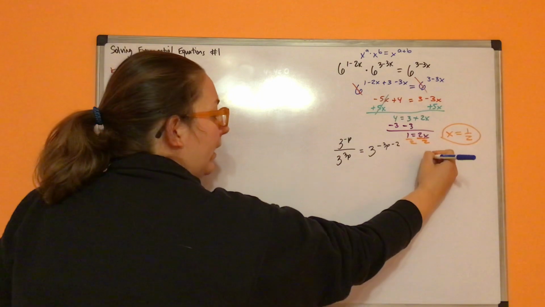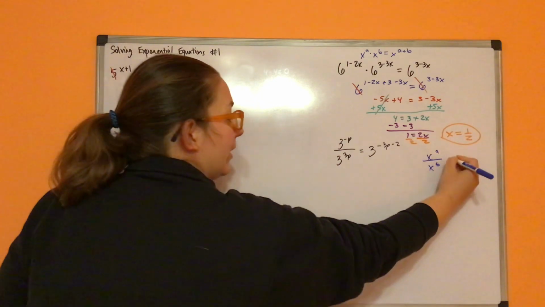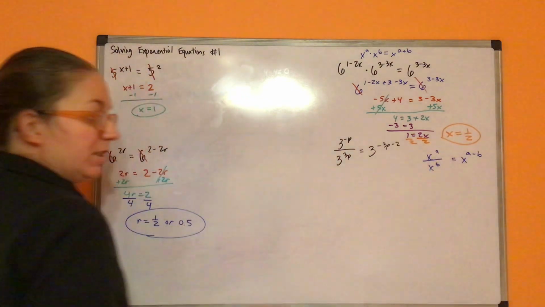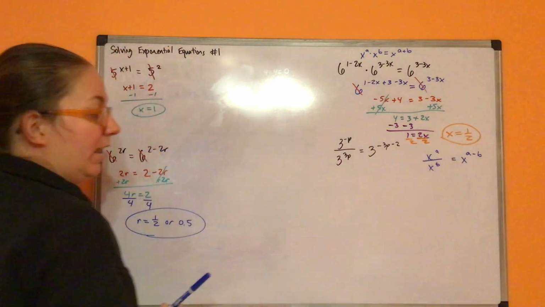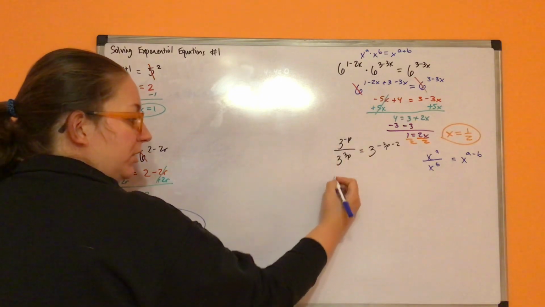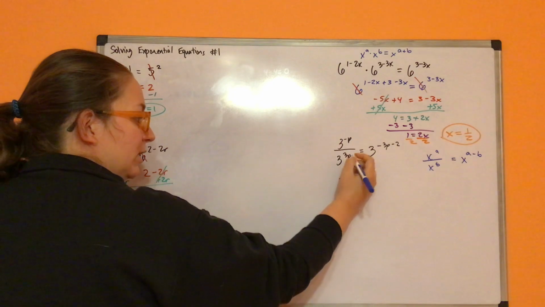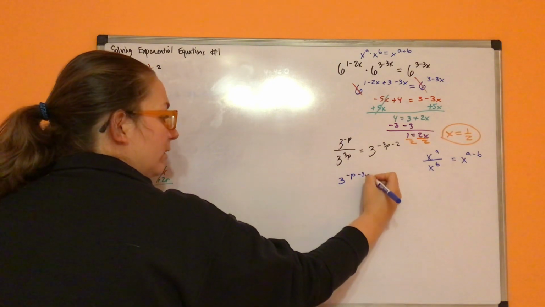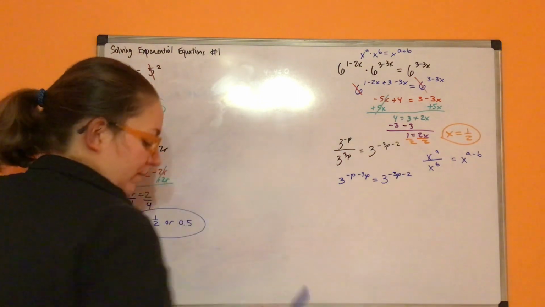Remember that if I have the same base on top and bottom of a fraction, I simplify that by doing top exponent minus bottom exponent. So x to the a divided by x to the b becomes x to the a minus b. Same concept here. Instead of writing this fraction, I can rewrite that as 3, and then top exponent minus bottom exponent. So negative p minus the bottom exponent 3p.